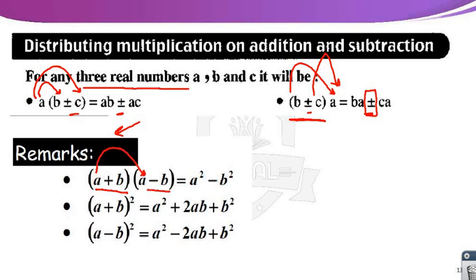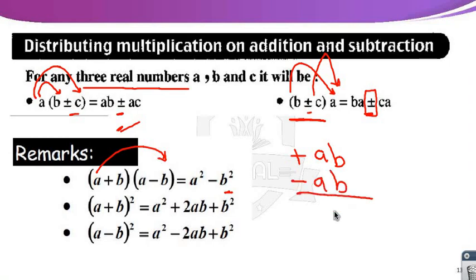We have a times a, it will be a to the power of 2, and b times minus b, it will be minus b to the power of 2, since positive times negative is negative. And the middle term is 0, because we have positive ab and minus ab, which make 0.